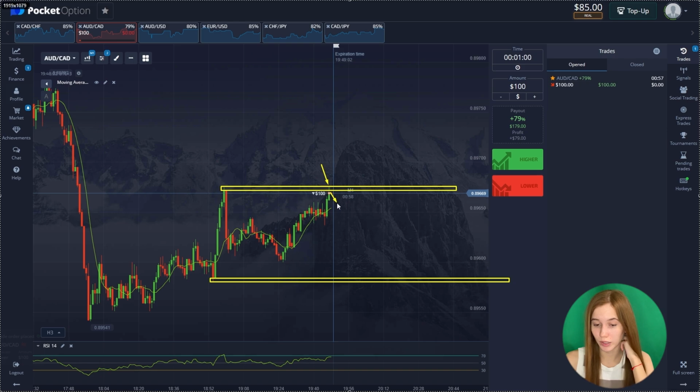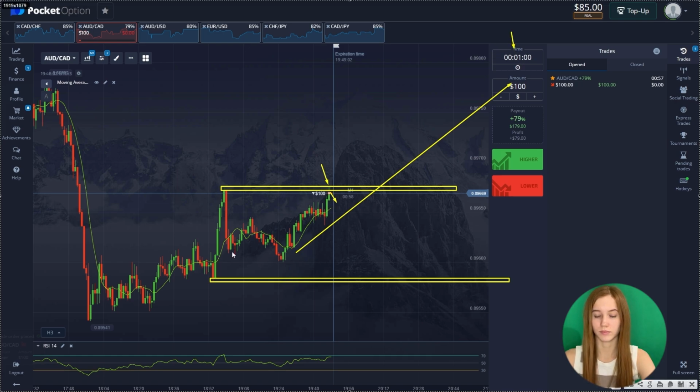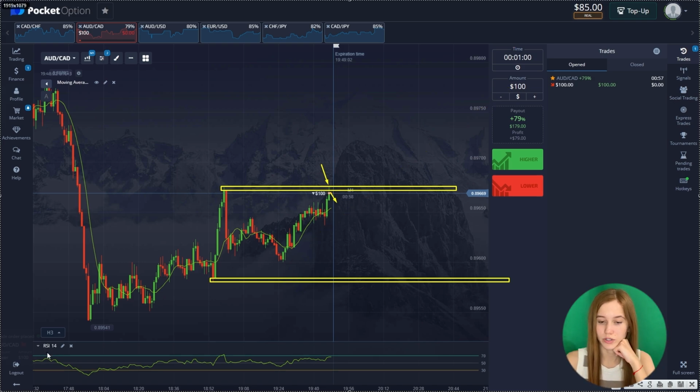I think there will be a pullback upon reaching the resistance level. RSI also, we see we reached the overbought area in the upper position.